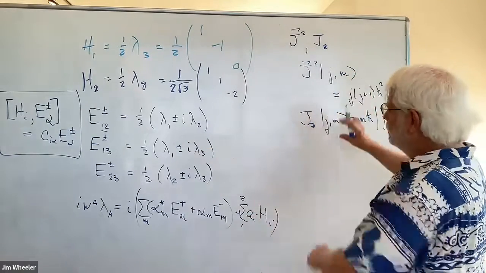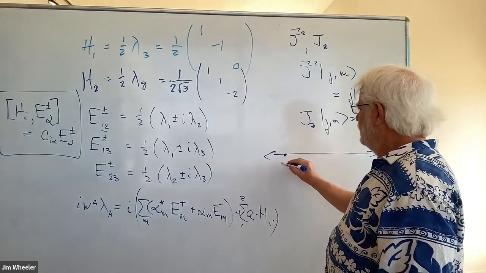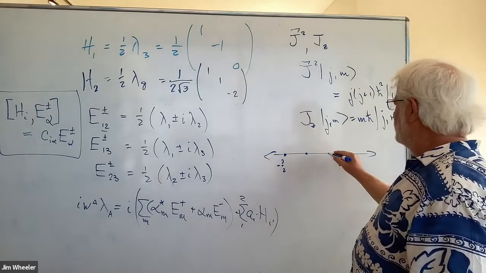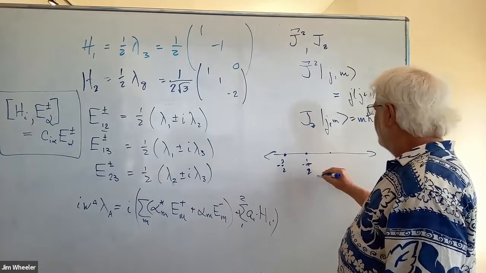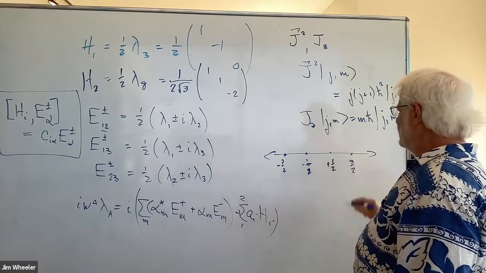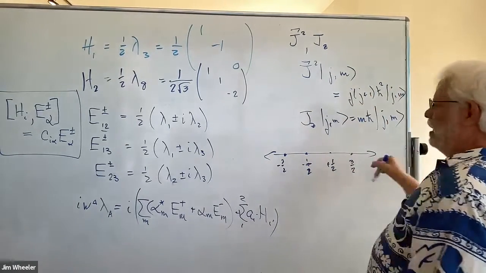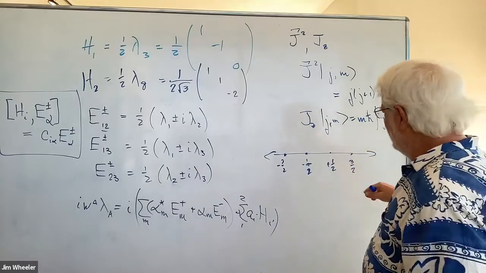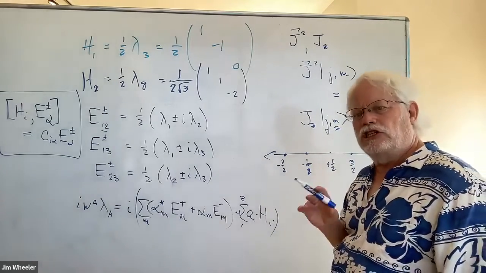When we work just with SU(2), we can plot, suppose m is minus 3/2, and we act with J plus, and it's going to take us to minus 1/2, plus 1/2, and plus 3/2, and then we get 0. So we can plot the j equals 3/2 states on a line, or the j equals 17/2 states on a line. That's because the raising and lowering operators can only change m.